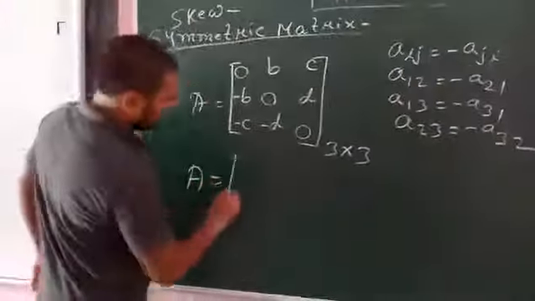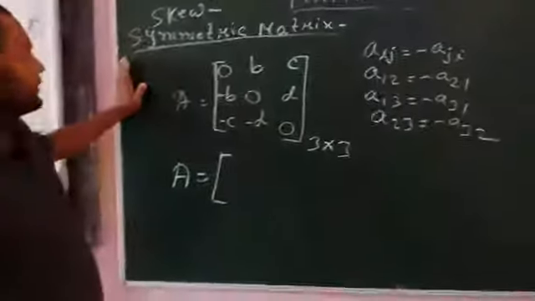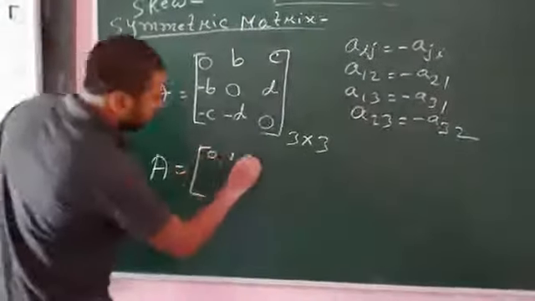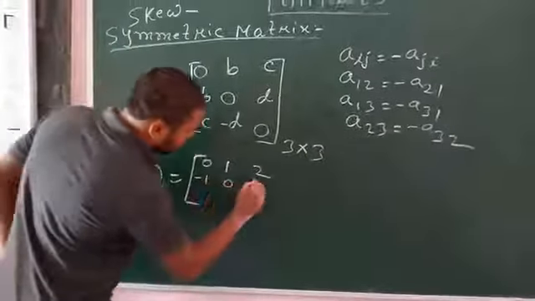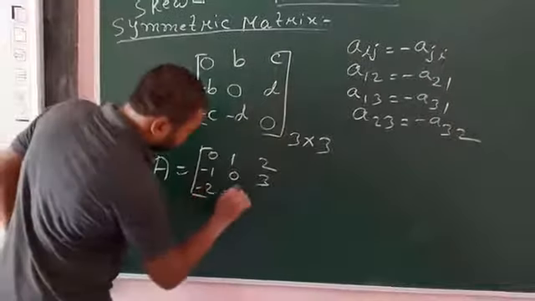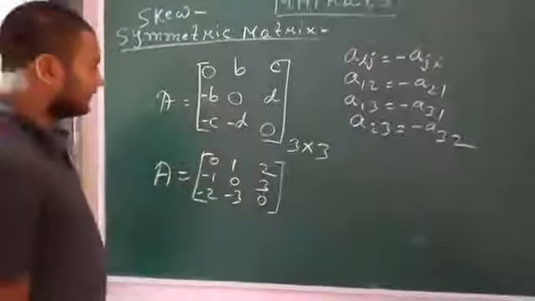Now see, if in the exam the question is to construct a skew symmetric matrix of order 3, then directly you can put the values: A12 as 1, then here minus 1, 0, here 3, here 2 means here minus 2, here 3 means minus 3, 0. So this is a skew symmetric matrix of order 3.